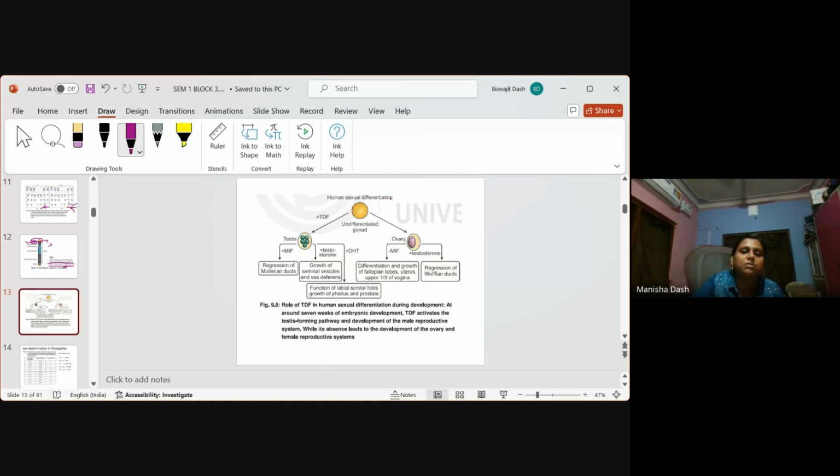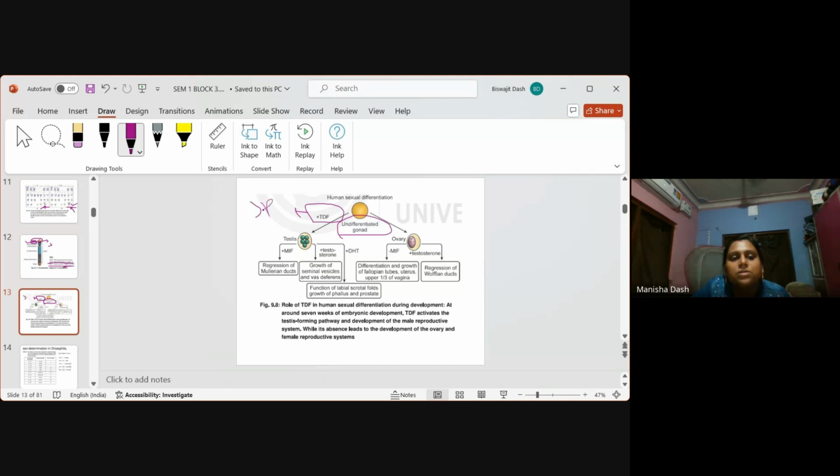If we look into the developing zygote, before the individual develops as a male or female, it is undifferentiated. The gonad is undifferentiated. Now there is a transcription factor called the testis determining factor, the TDF. The TDF is coded by the SRY region.